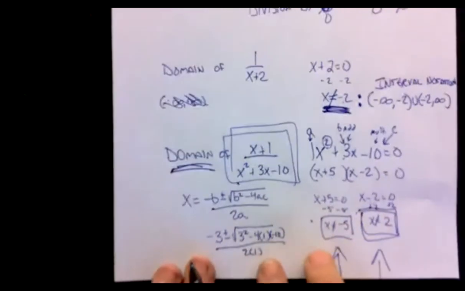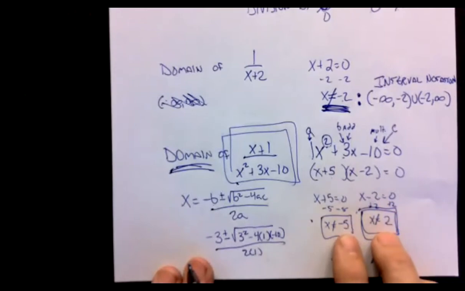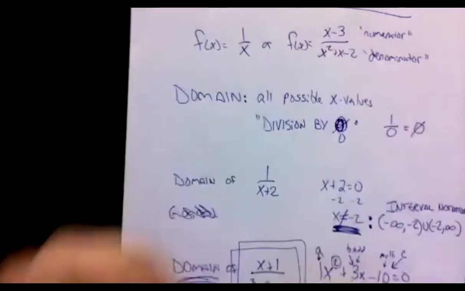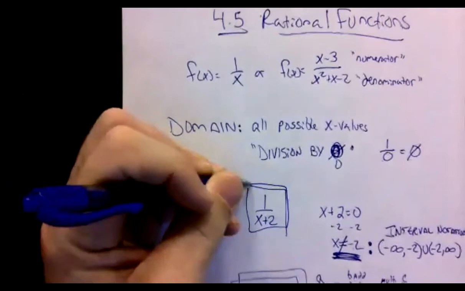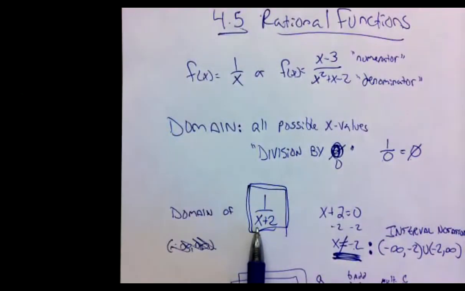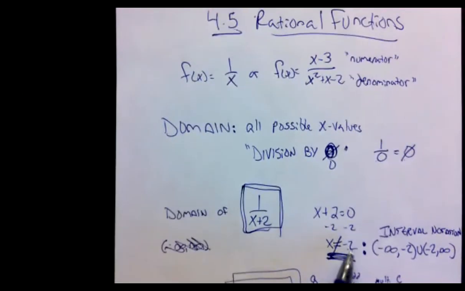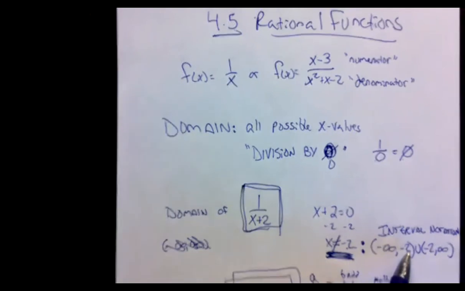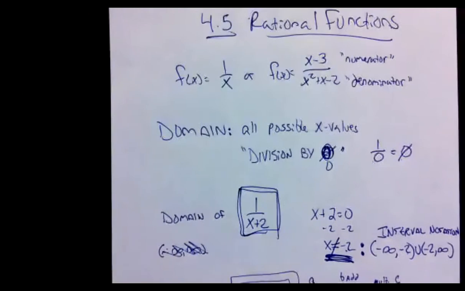Just like we eliminated for the domain. Going back to the original problem, 1 over x plus 2, I would have a vertical asymptote at negative 2. So the same numbers you would eliminate from the domain are the same exact places where your vertical asymptotes occur. Same idea.